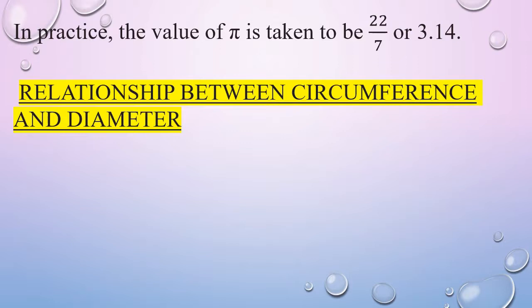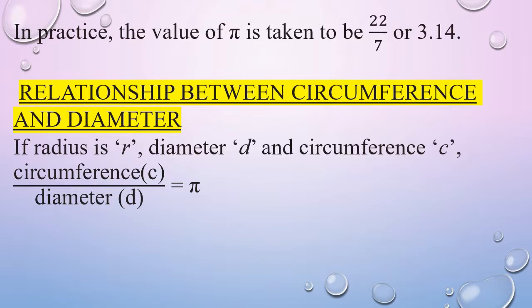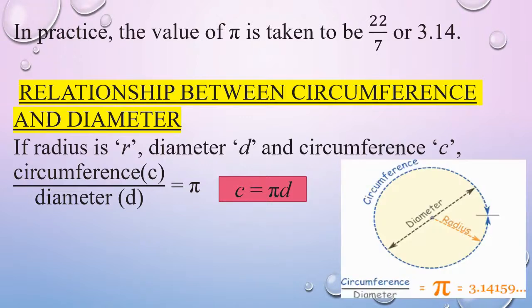If radius is r, diameter is d and circumference is c, then circumference upon diameter is equal to pi. So circumference is equal to pi into d. In this figure you can see, but d is equal to 2r.